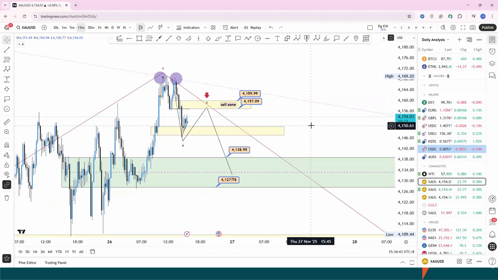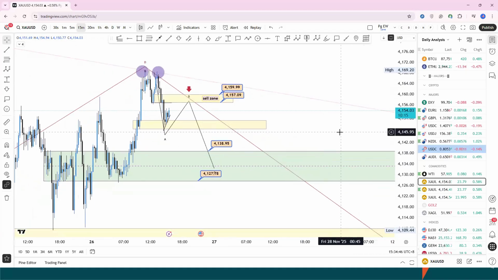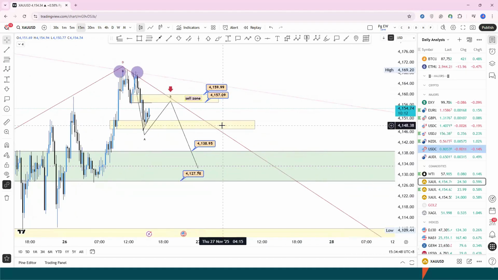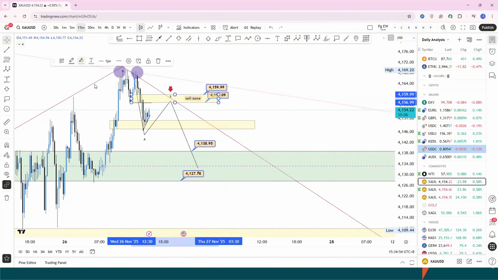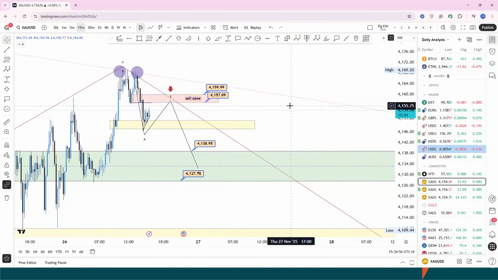Now, shall we look for another pair and then use the Elliott wave? Are you okay with the setup for gold? Okay. So this is the zone. Let me change the color here. All right.